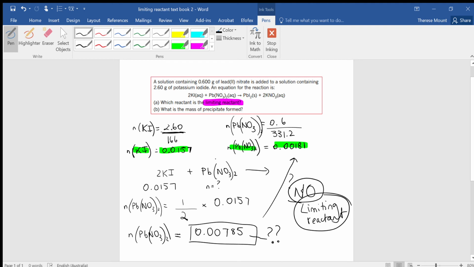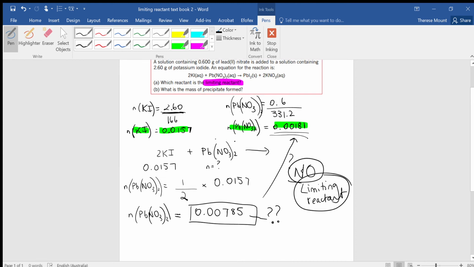So you use this value to work out how much precipitate you would get. You also use this value to work out how much potassium iodide would actually react with it. Now, just looking at the equation, for every one of these, double the amount will react with it.